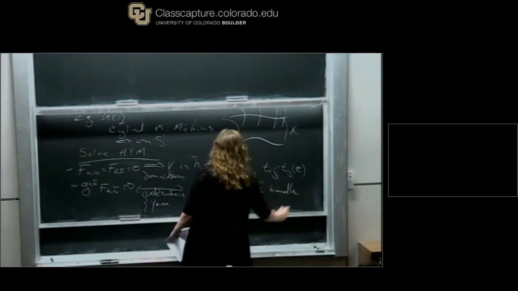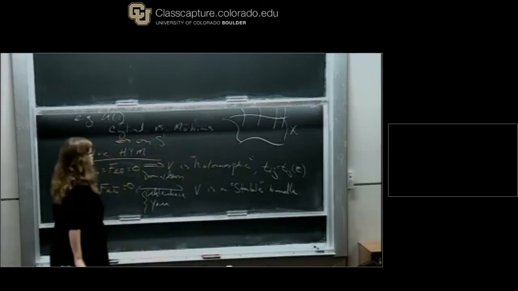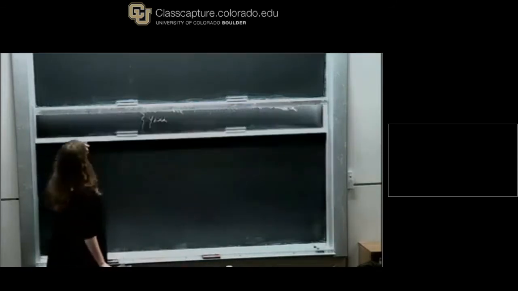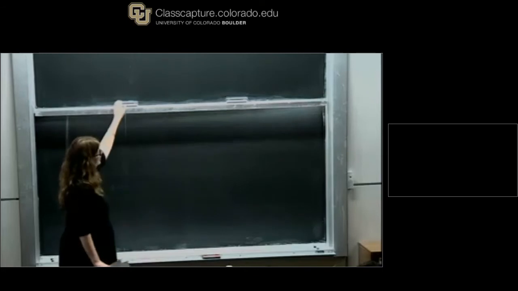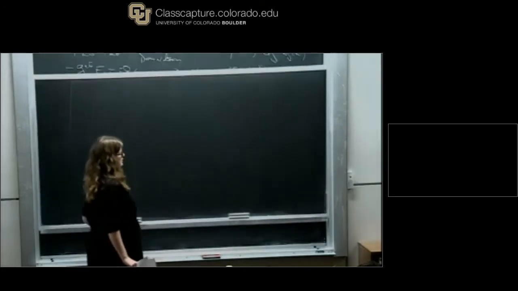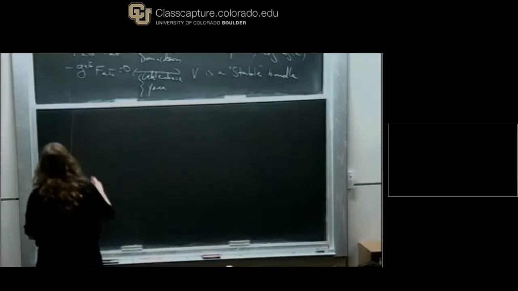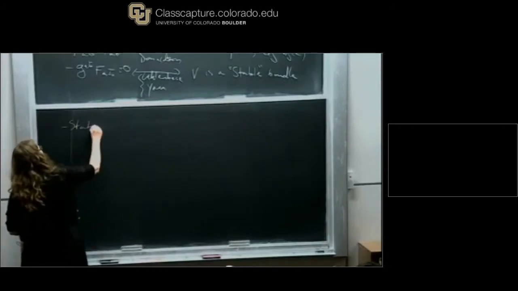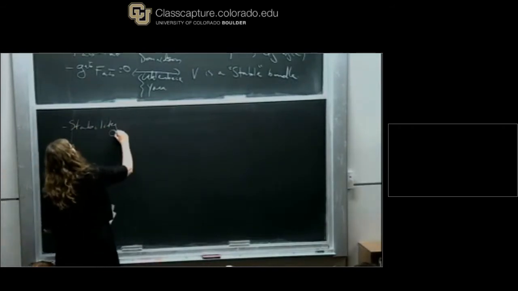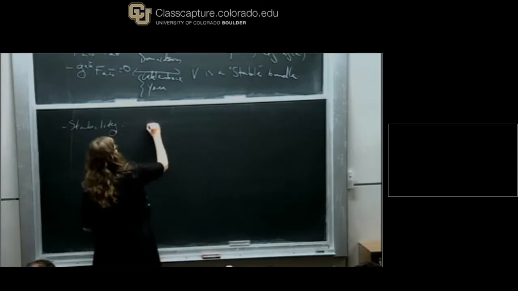I am not going to give you the technical definition of stability today. It's fun to play with, but we don't have time for it. Here's the intuitive version. Stability, very intuitively, constrains sub-objects.